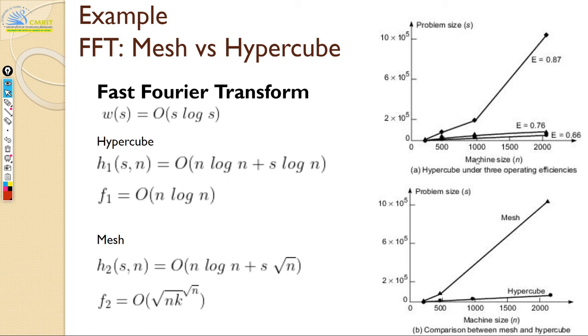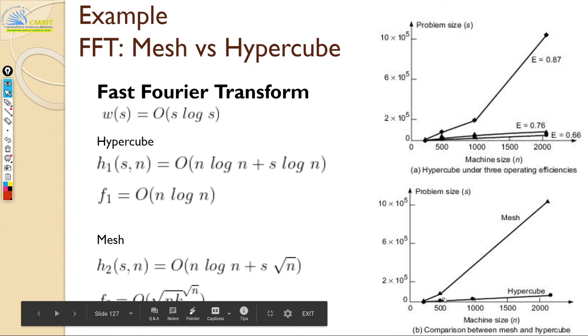Now, when you compare that to mesh, let us just take one of the ISO efficiency functions. Let's say you pick E equals 0.66. Then your hypercube has the growth like this. However, your mesh has a growth of your problem like this.